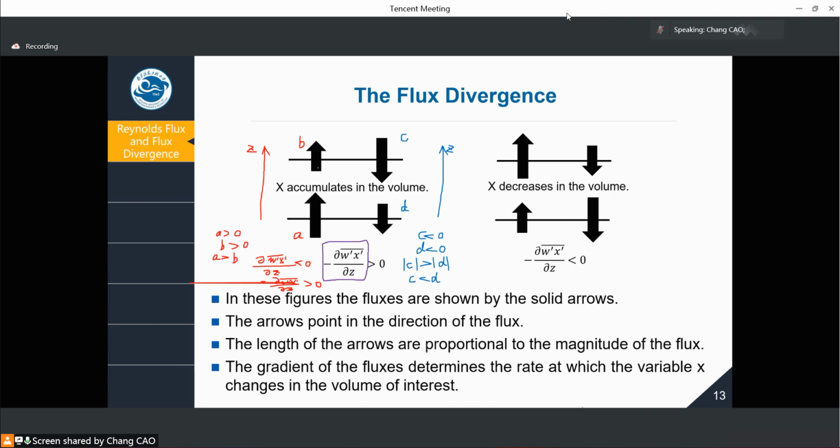For the left part, it is converging, because there's more in, less out. So this is a convergency of x, and x accumulates in the volume. In the right picture, there's less in and more out. So this is a divergency, and x decreases in the volume.